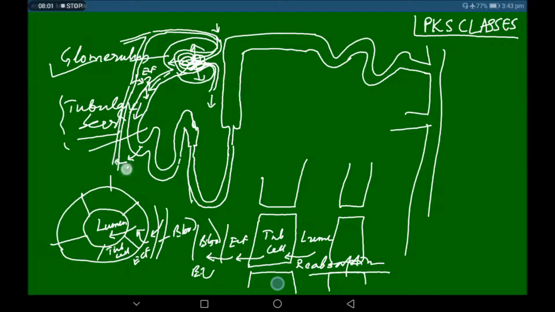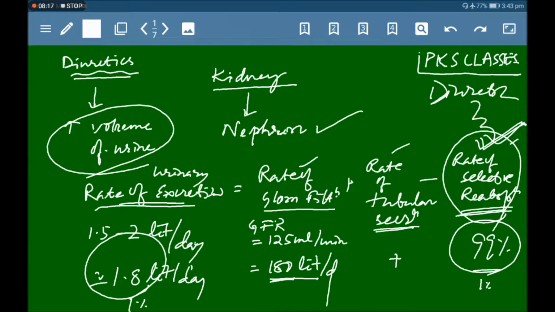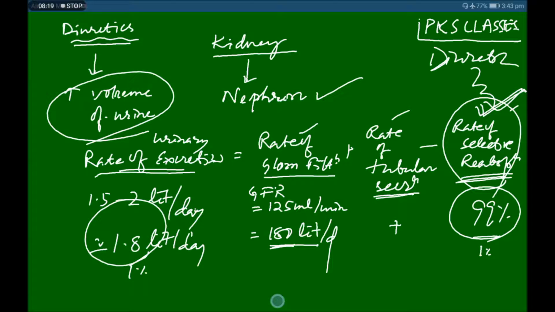It occurs for selective substances, so it is called selective reabsorption. Diuretics target the rate of selective reabsorption. Even if 1% of it is blocked, the urine amount will almost double.